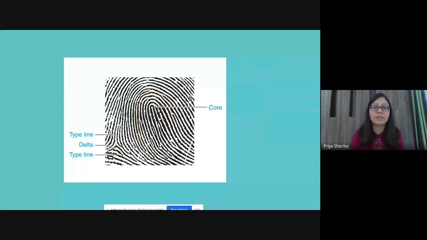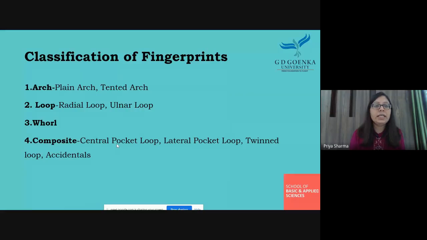On the basis of certain features, the center portion of the fingerprint pattern is known as the core. The overall outline of the pattern is known as the type line. This triangular region is known as the delta. On the basis of these features, we classify fingerprint patterns into arch, loop, whorl, and composite, and they are further subclassified, like the arch pattern.